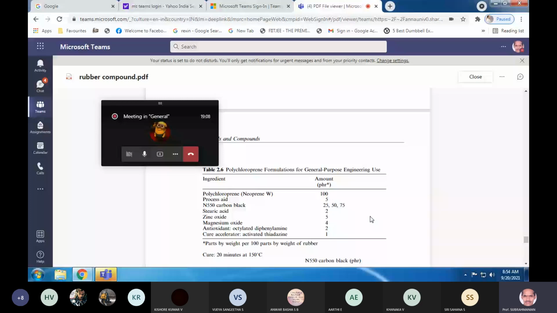Neoprene W implies a trade name of a particular company. So don't worry about the trade name, which company, etc. Neoprene W means that is a trade name for polychloroprene rubber.